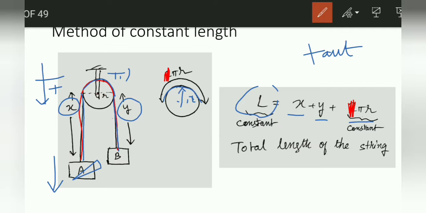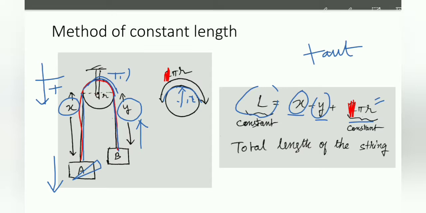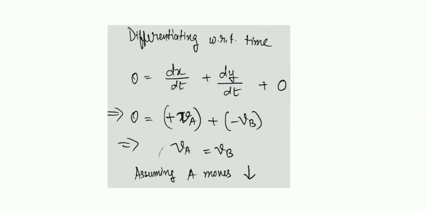Let's say y decreases, because it will move up. So x and y are variables, but the radius of the pulley is constant, so the length of the string always wound around the pulley is also constant, that is pi r. So we can say L is equal to x plus y plus pi r, the total length of the string.